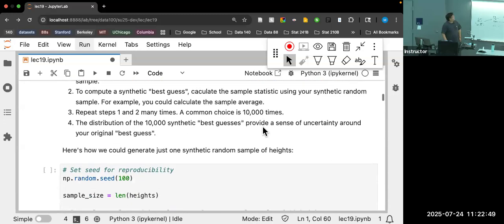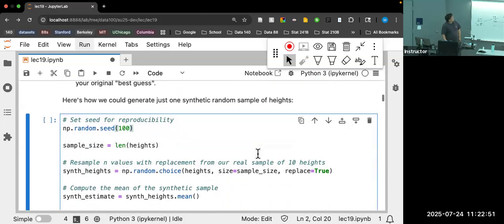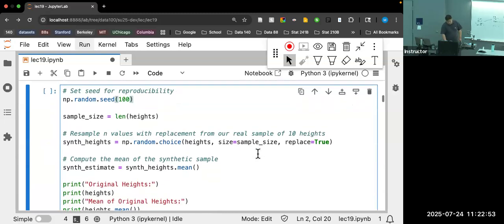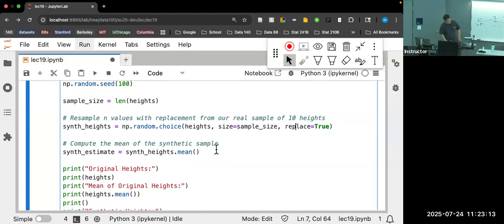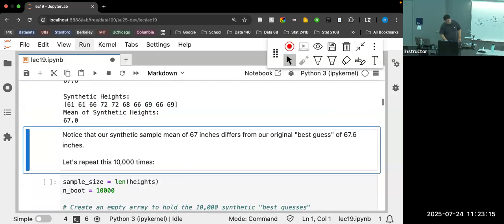Anyways, now down here, I will draw a bootstrap sample. So this np.random.choice is going to sample from this heights list of 10 heights, and I'm going to sample 10 times, however long this heights list is, with replacement. And then I'll compute the mean of this bootstrap sample.